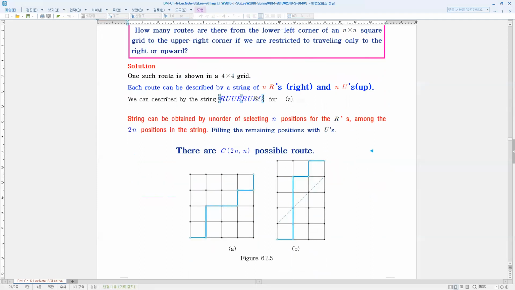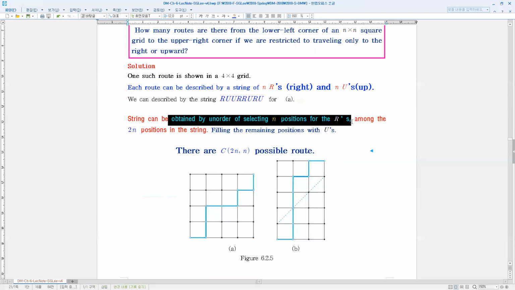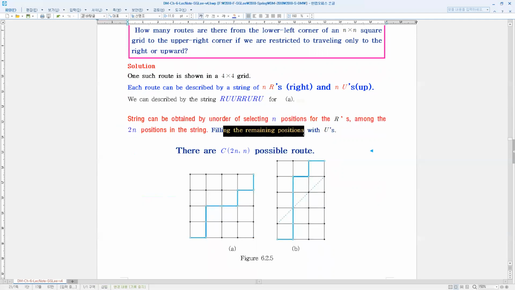If R represents a step to the right and U a step upward, then a string can be obtained by selecting n positions for the R's among the 2n positions in the string.